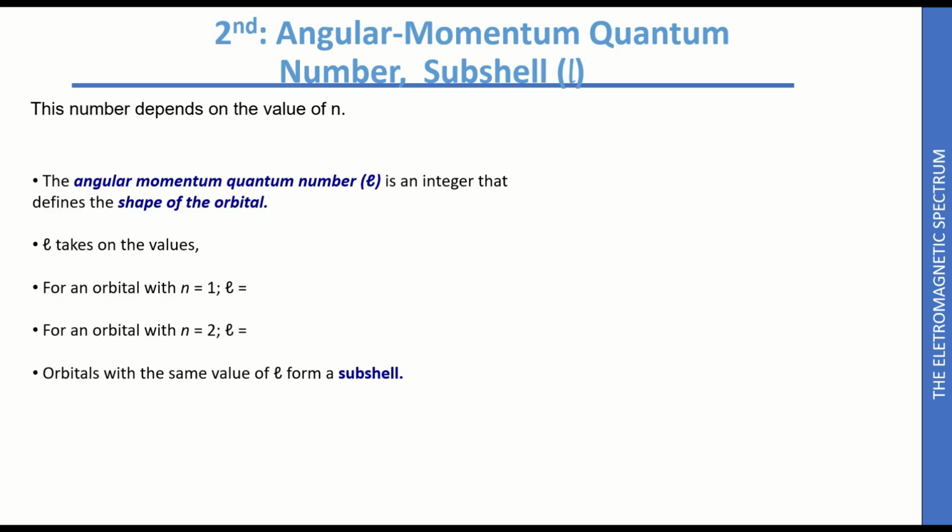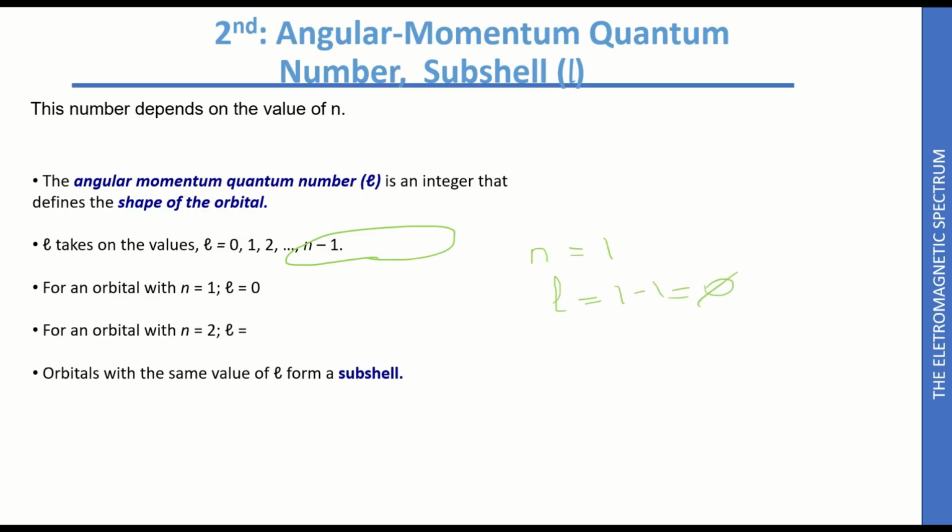Okay, so the numbers depend on the value of n. Which number is this? That is the subshell or sublevel l, the angular momentum quantum number. When you talk about this sublevel, it takes values from 0 to n minus 1. That means if you have the first level, n equal 1, then l only can be 0, because 1 minus 1 is 0.